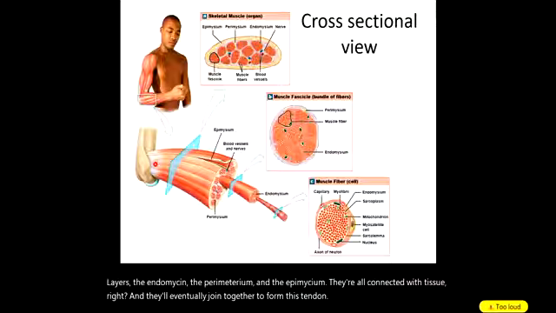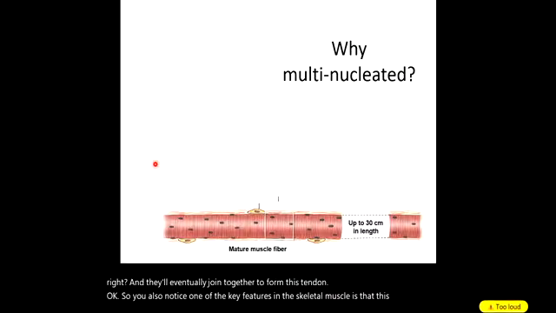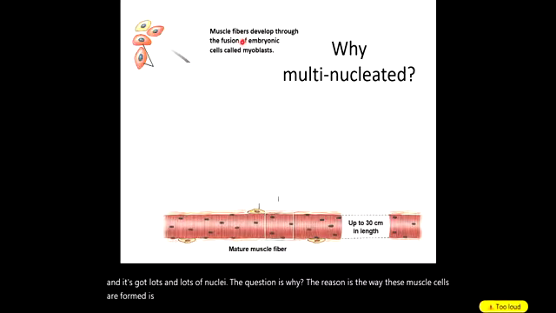Okay, so we also notice one of the key features in the skeletal muscle is that it is multinucleated. Right? It's got lots and lots of nuclei. And the question is why? The reason is the way these muscle cells are formed is by the fusion of these individual cells known as myoblasts.